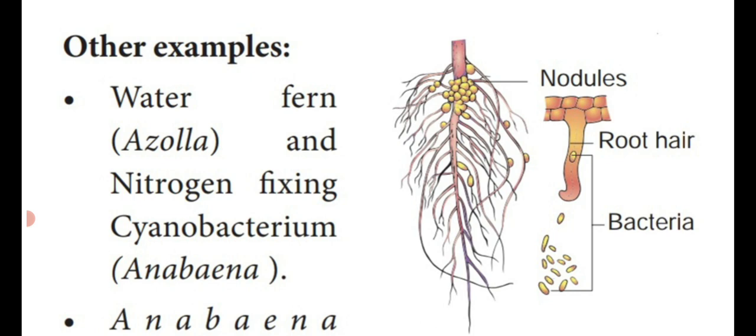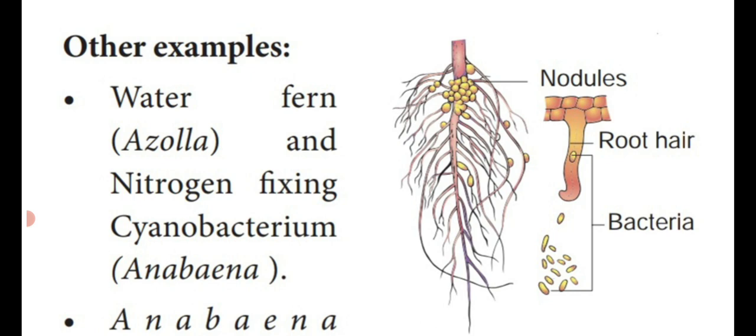An example of mutualism is nitrogen fixation, rhizobium bacteria and leguminous plants, water fern azolla and anabaena, a nitrogen fixing cyanobacterium. Azolla is a fern. Anabaena is present in the coralloid root of cycas, which is a gymnosperm plant. The cyanobacterium nostoc is found in the thallus of Anthoceros. It is a bryophytic plant.